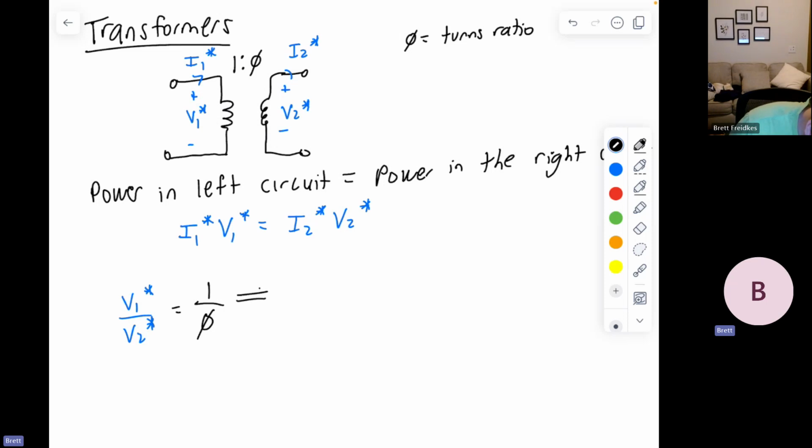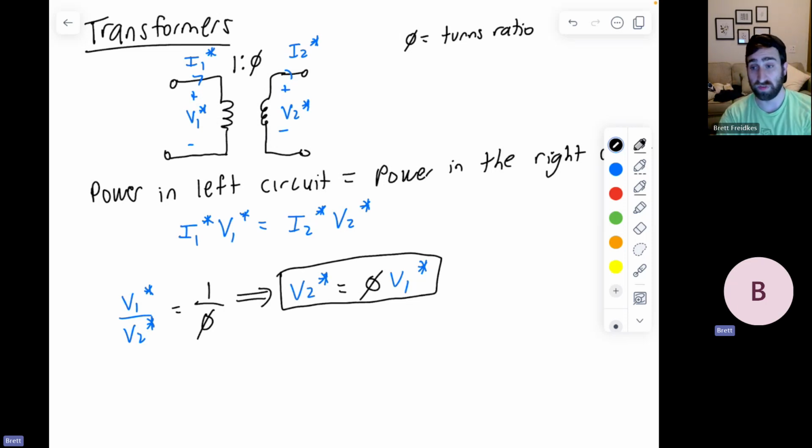And if we cross multiply, we see that V2 star is equal to phi times V1 star in this example, because the turns ratio phi is set up in this proportion 1 to phi.